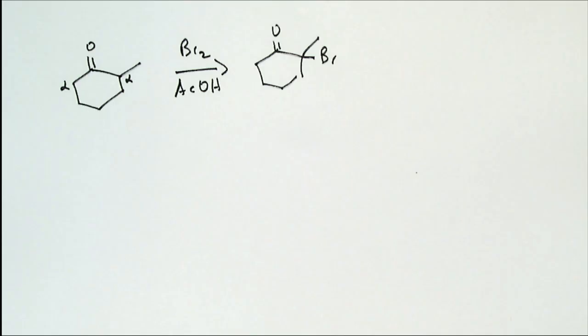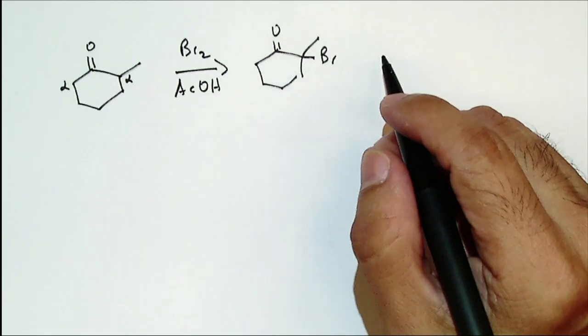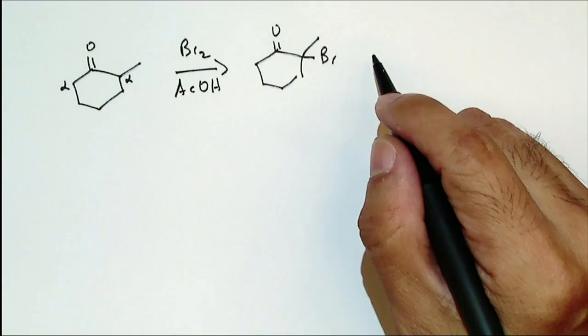Now, remember when we were looking at addition of nucleophiles to alpha beta unsaturated ketones and aldehydes and so on? Well, here, just as a quick little side thing, you can actually generate an alpha beta unsaturated carbonyl, in this case a ketone, by doing nothing more than adding a base here.